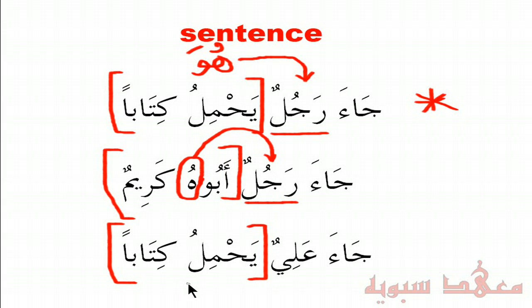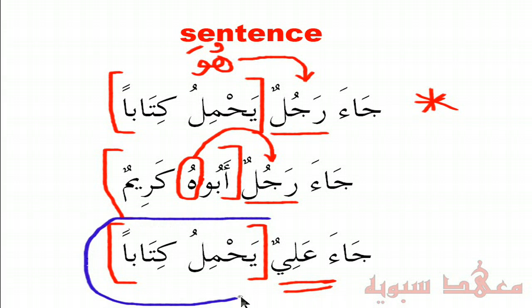So the na'at is only for indefinite nouns. If you have a jumla ismiya or a jumla fi'liya describing an indefinite noun, then it will be an adjective. However, if it's definite, in this case with Ali, it would be a hal, a state. So in this case, this sentence would be في محل نصب حال.